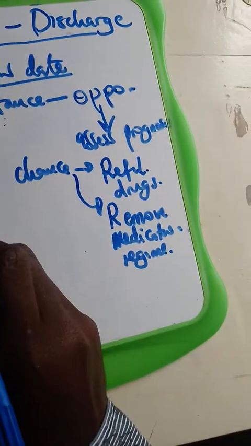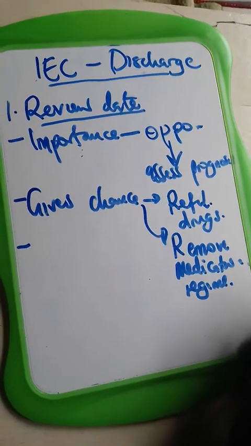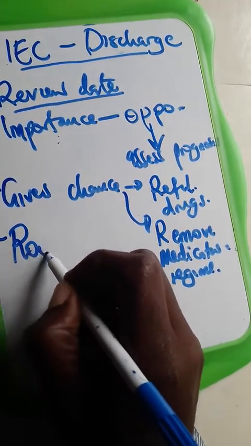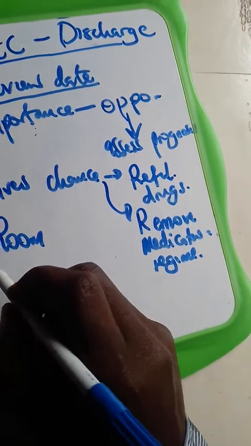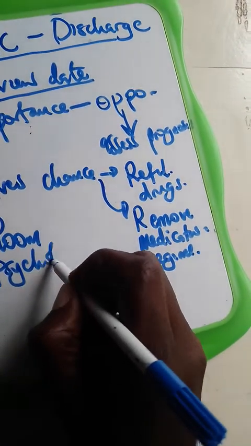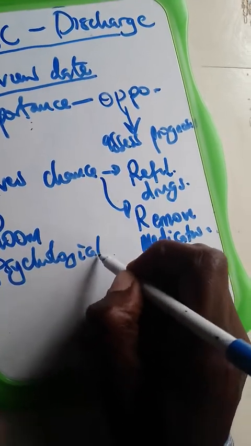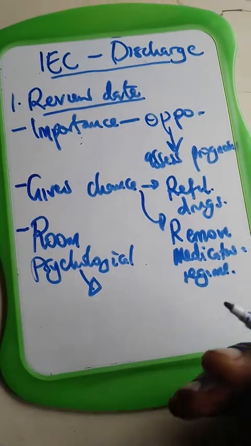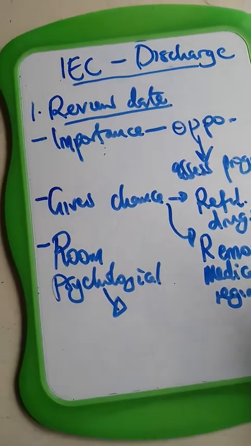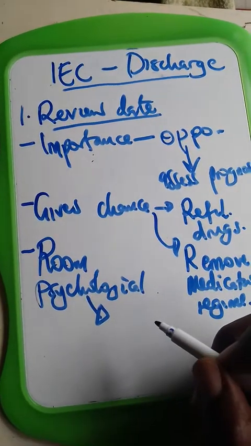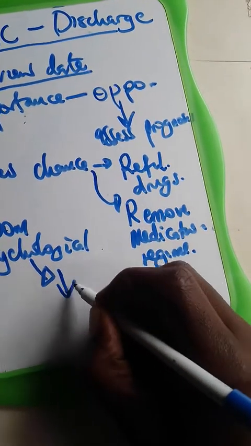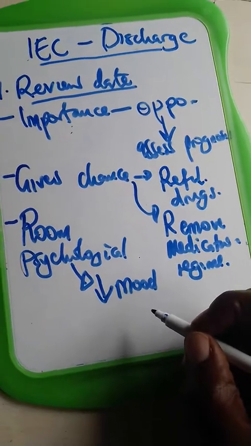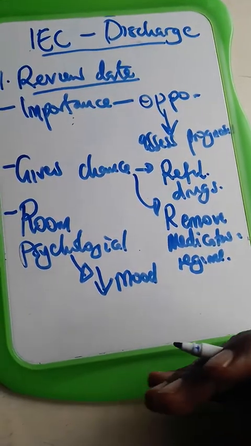Another heading under review date would be that it gives room for psychological support. This means that if a patient has been suffering from a condition, maybe a chronic condition, their mood will be low, or they'll have mood swings, or they'll be getting psychologically affected.